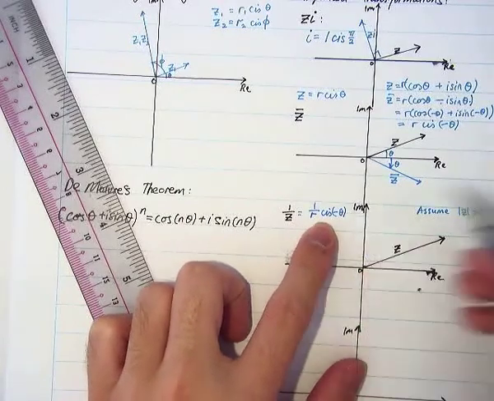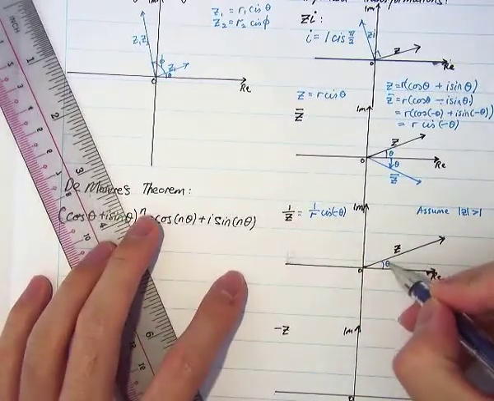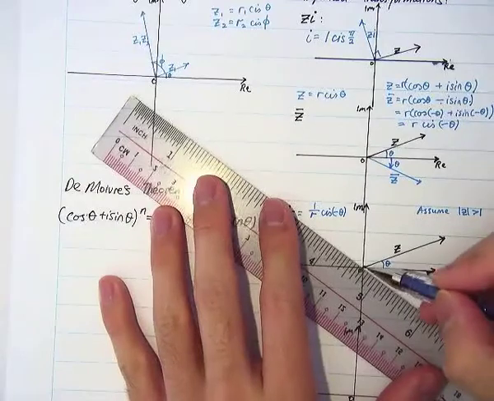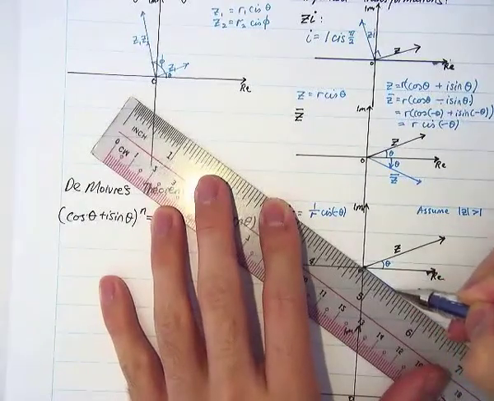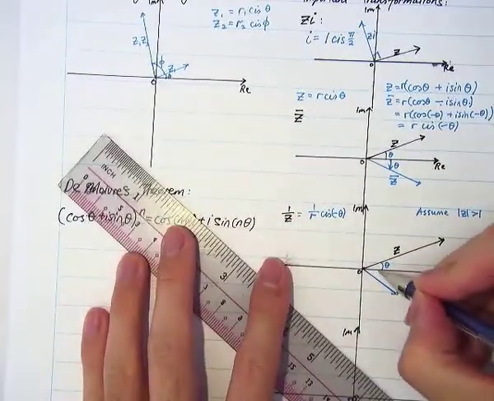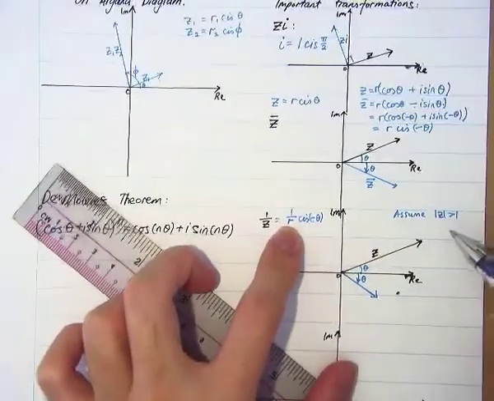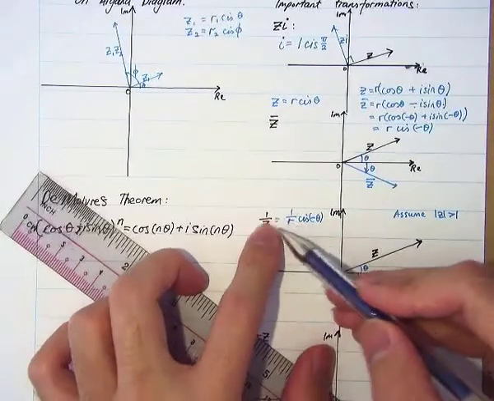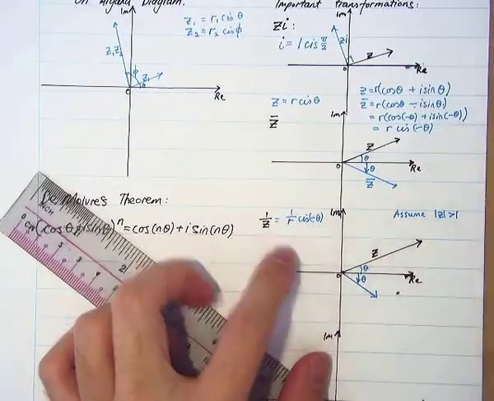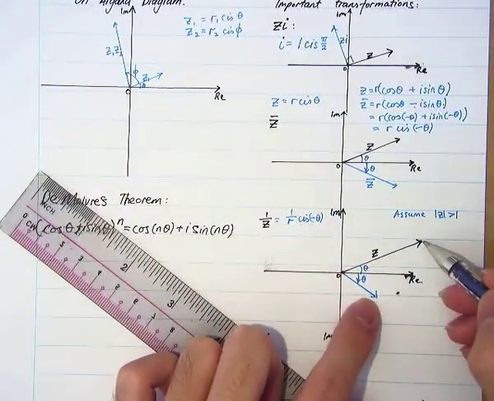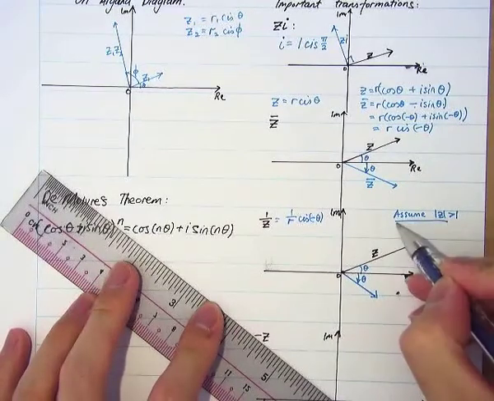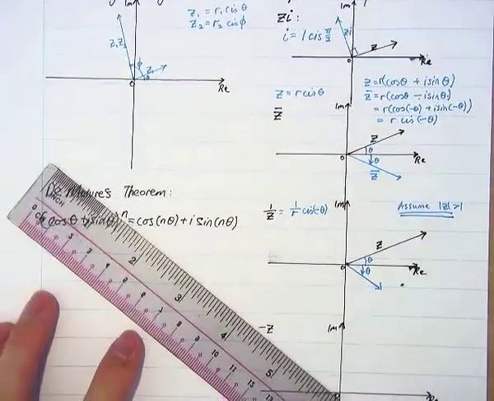So the argument is still negative theta, so it's almost like a reflection again, but the difference is that the modulus changes based on the original modulus, because we're talking about the reciprocal of the original modulus, and it could be shorter or longer depending on whether the original modulus is greater than 1 or not.